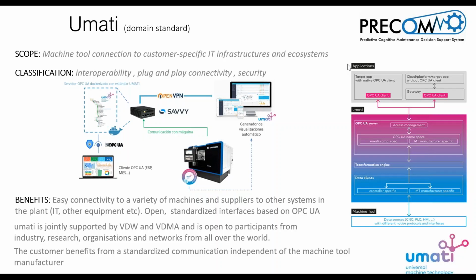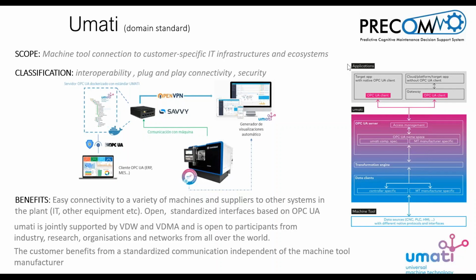So what we find here is that normally a customer has many different machines that have to be connected to different systems, whether to gather data or to connect to other applications, and in this area it's very important for us to find interoperability and connectivity standards that make it easier for us and also for the final users to make all this connectivity.